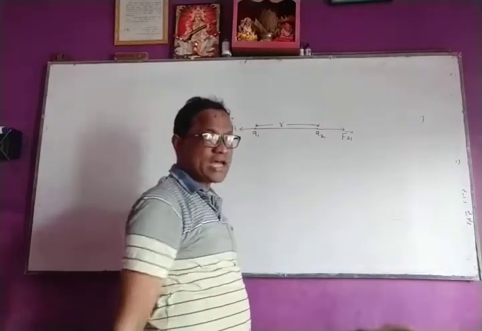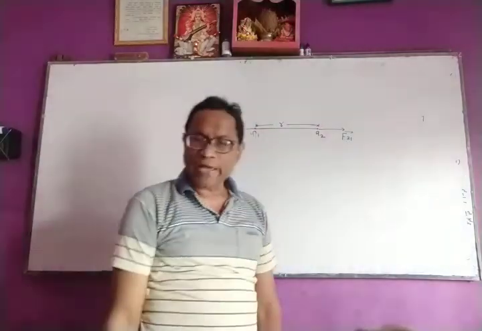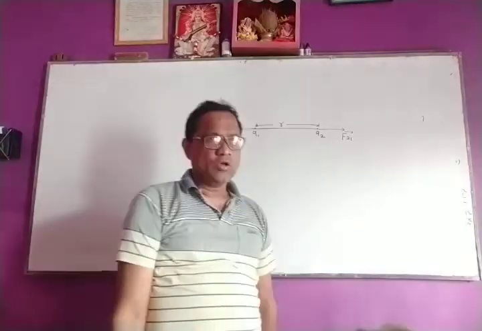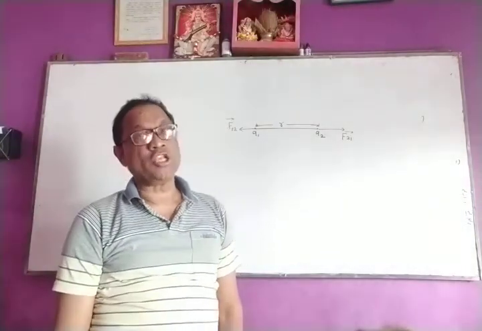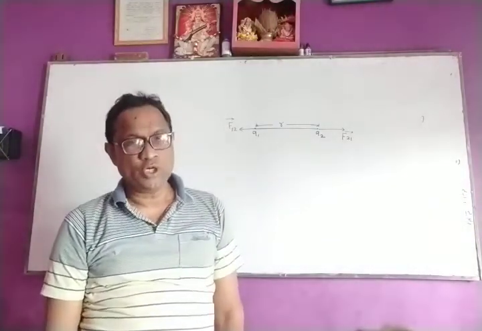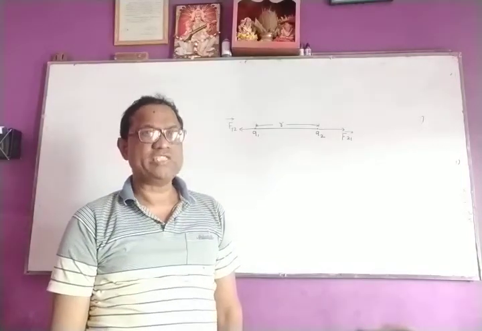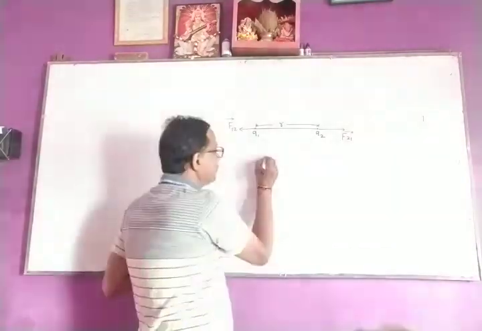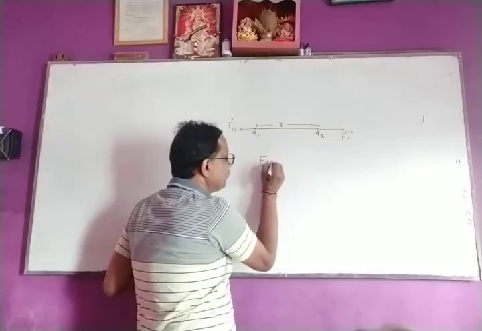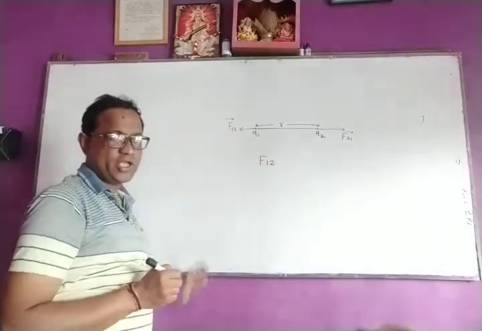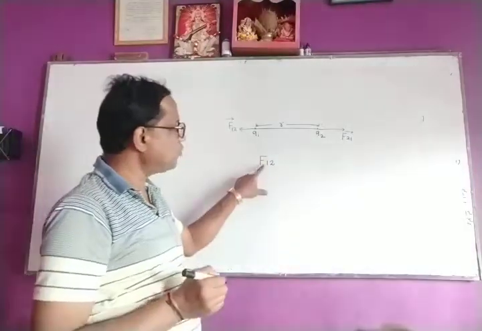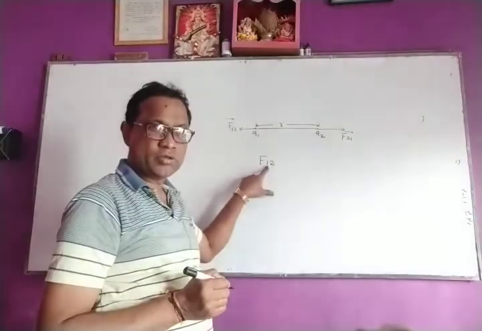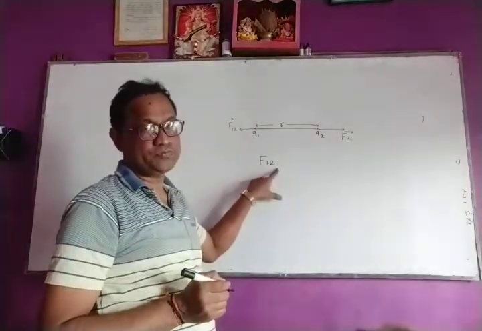Both are positive charges. So applying Coulomb's law, Coulomb's force acting on Q1 due to Q2 is given by F12. F12 means Coulomb force on Q1 due to Q2.